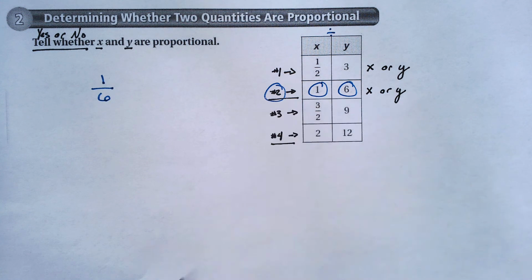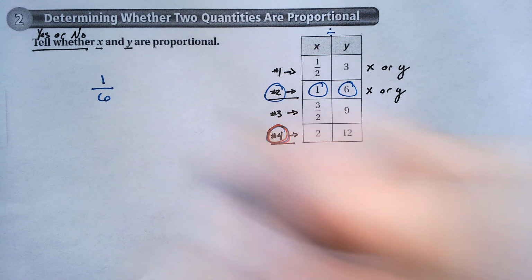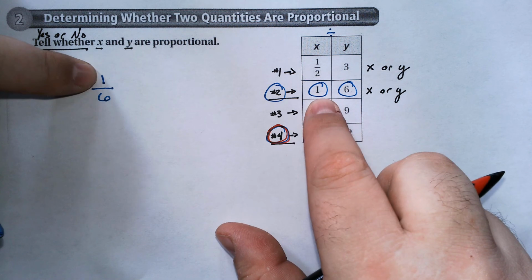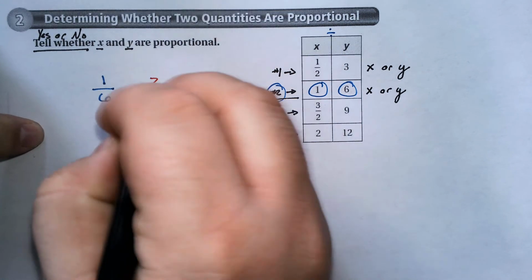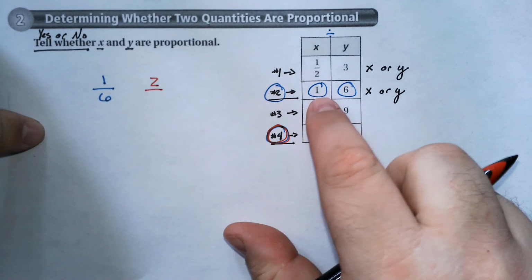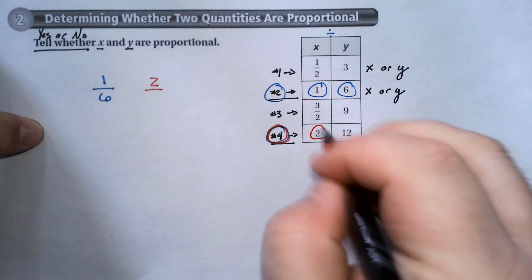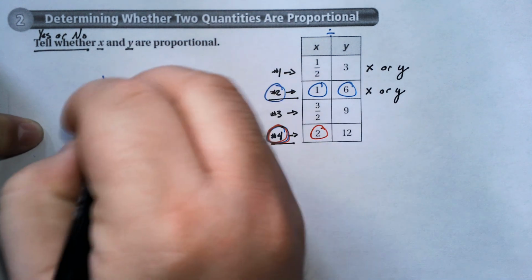So I chose option number 2, and again I'm choosing option number 4 because these are easier numbers than fractions. So since I put 1, this one here, I need to put this 2 in my numerator here. The reason being is since I started with x on the first fraction, I have to start with x on the second fraction. Then I put 12.